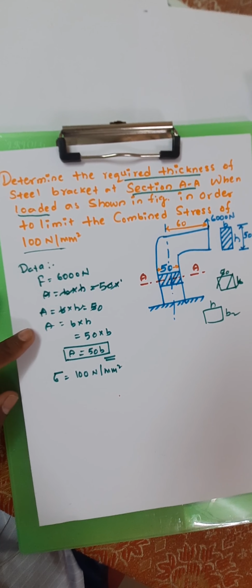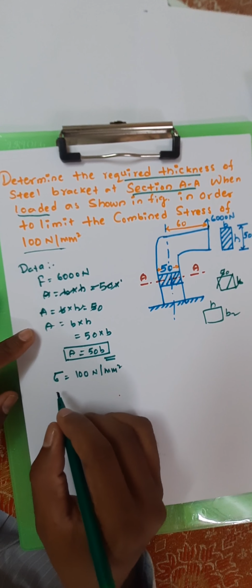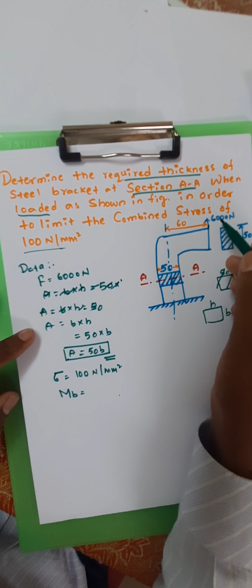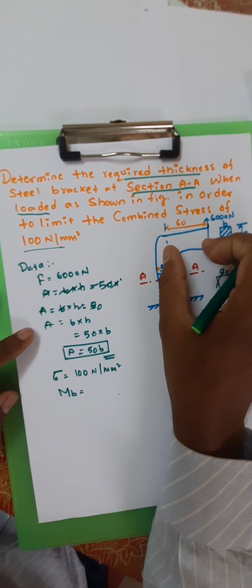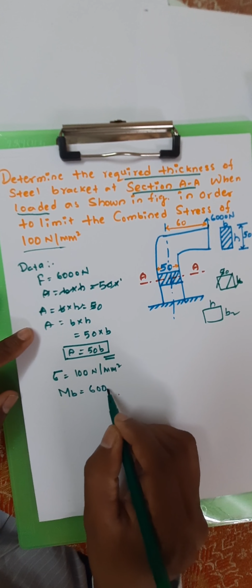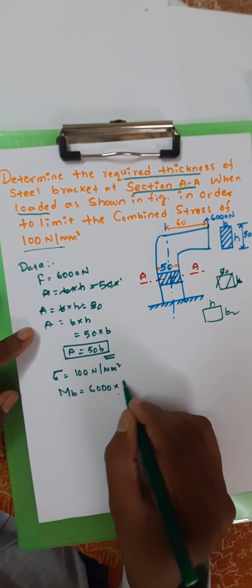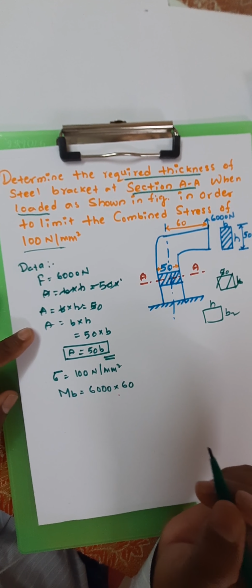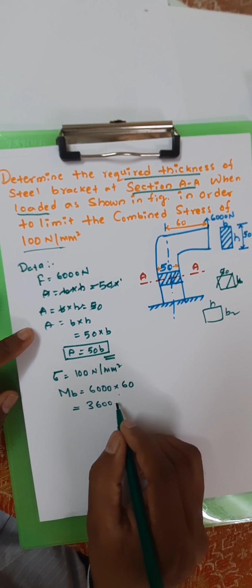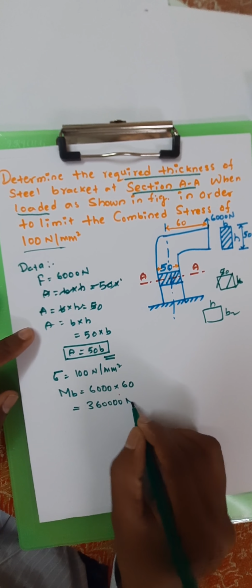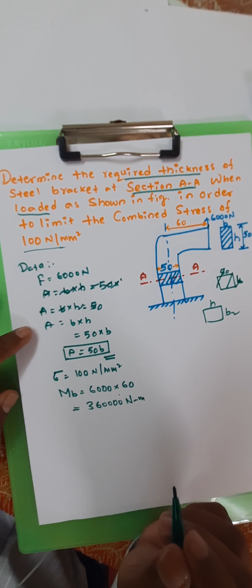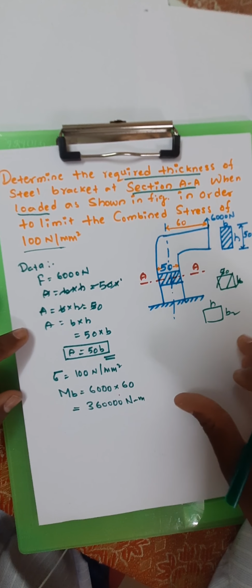Here we know MB, the load which is acting at a distance of 60 mm. 6000 into 60, if you simplify this, you will get 360,000 Newton millimeter. This is the given data we have.